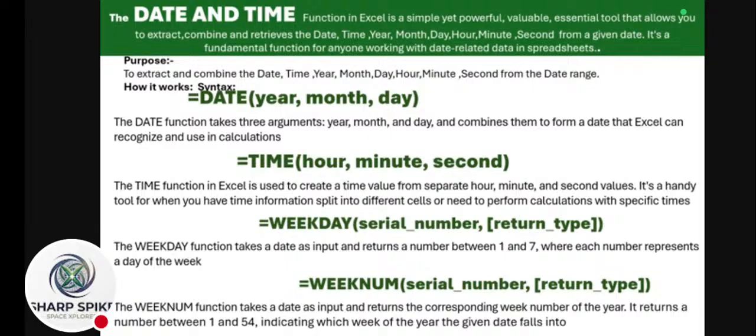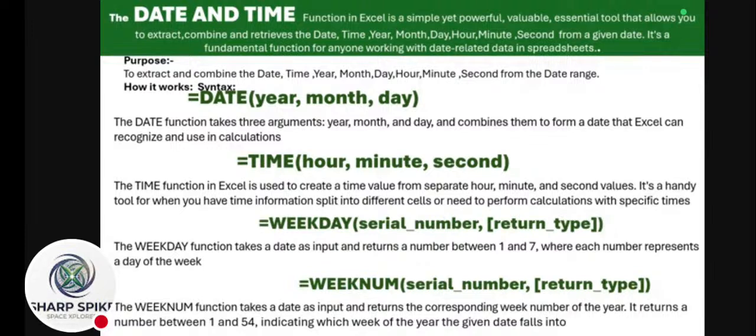Let's see how this function works. Its syntax is equals WEEKDAY, serial number and return type. The WEEKDAY function takes the date input and returns a number between 1 and 7, where each number represents a day of the week.